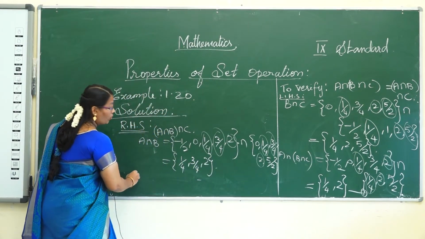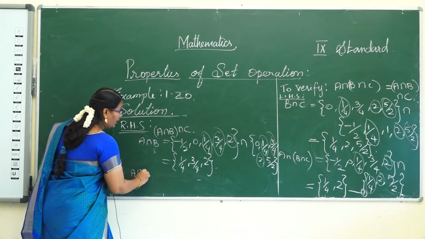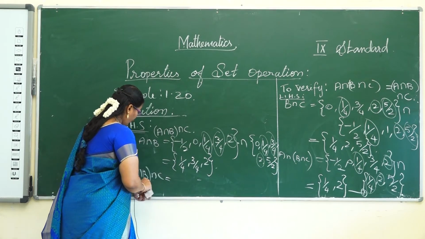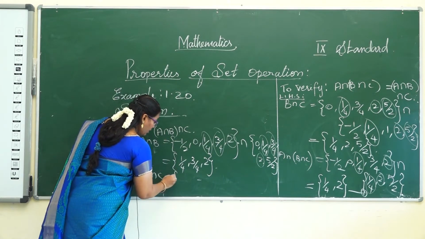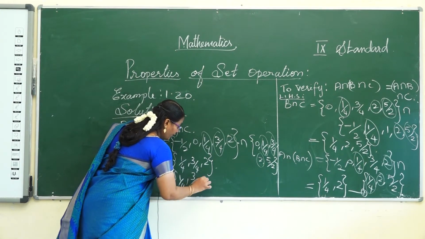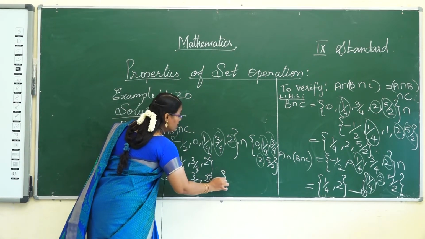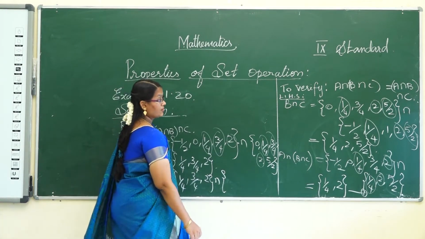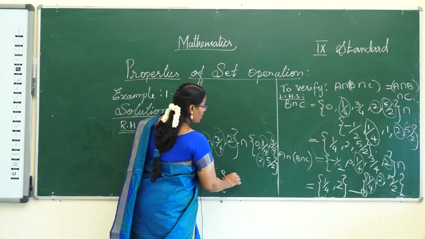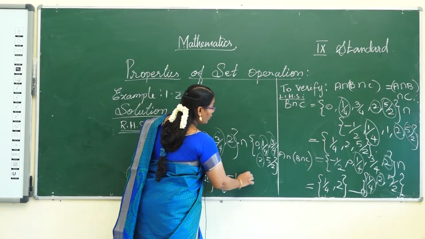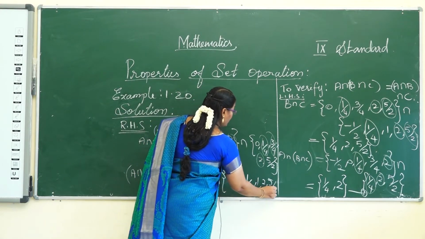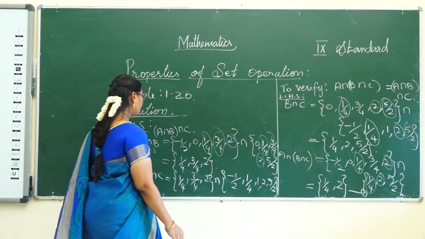Next find the value of (A intersection B) intersection C. Already found out the value of A intersection B. The elements are 1/4, 3/4, 2, intersection C values -1/2, 1/4, 1, 2, 5/2.